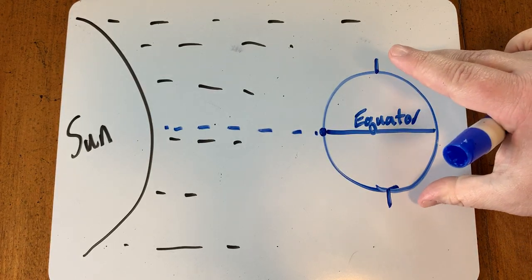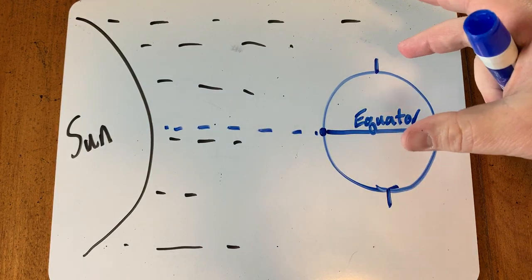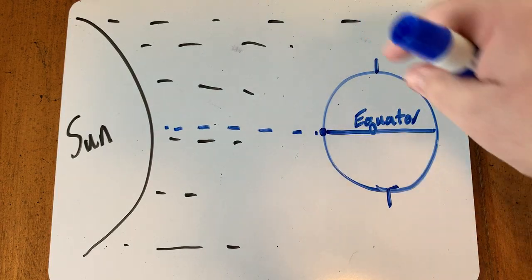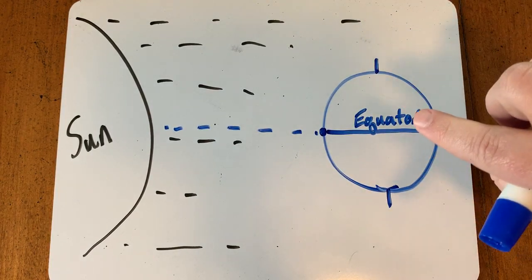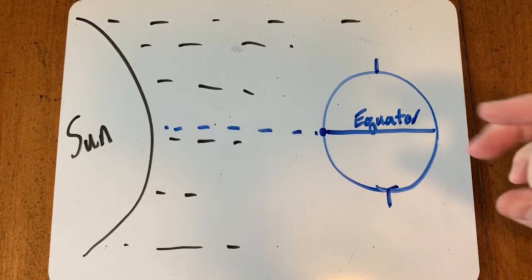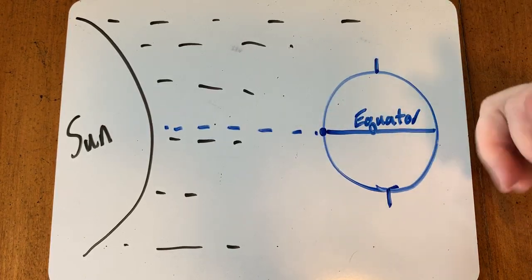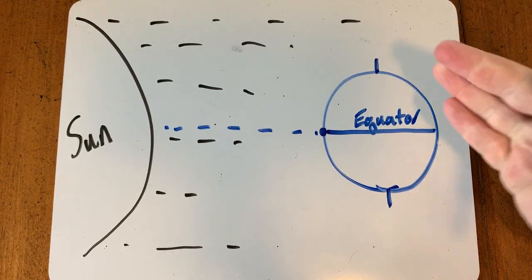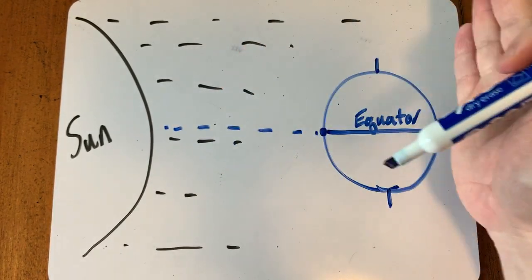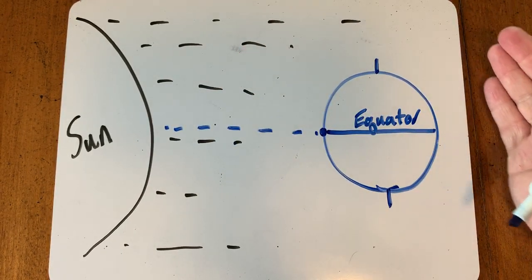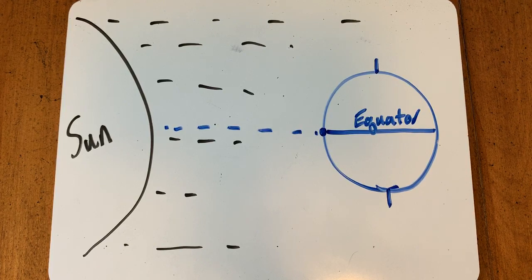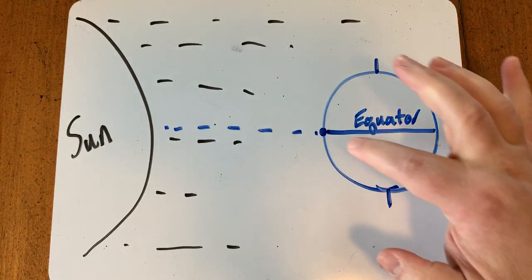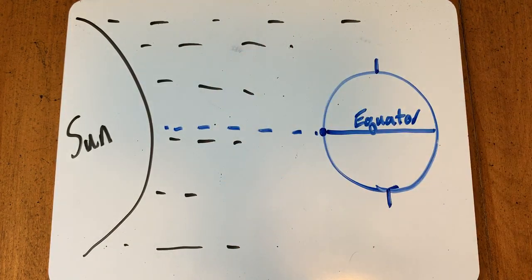Now, the Earth would be tilted either away from us, so the North Pole would be behind, or towards us, so the North Pole would be in front and the South Pole would be behind. And as it spins, the whole planet would get its sunlight. This side would be in daytime, this side would be in nighttime. That's how it works. But the equator is closest at the equinoxes.